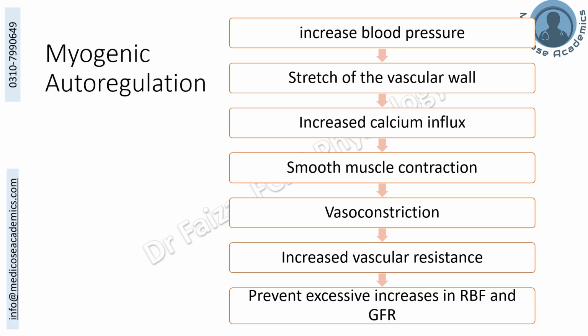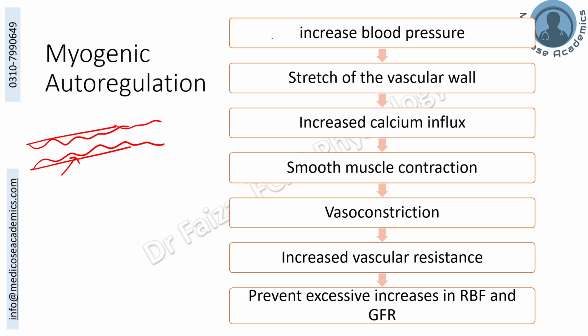Then comes the other mechanism of autoregulation, the myogenic mechanism. First, we have seen the tubuloglomerular feedback. What does this myogenic autoregulation do? It takes advantage of the intrinsic capability of the smooth muscles alongside the renal vasculature, that if stretched, they do not maintain pressure for long, and if relaxed, they can increase their tone.